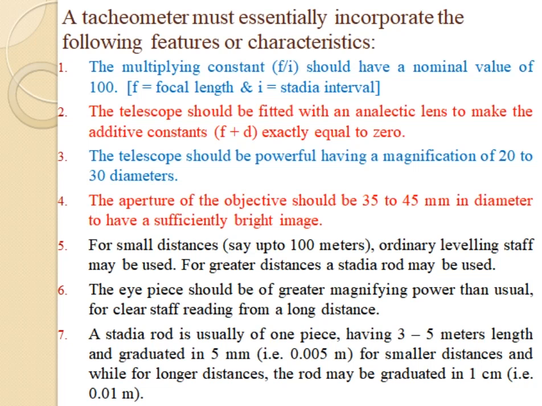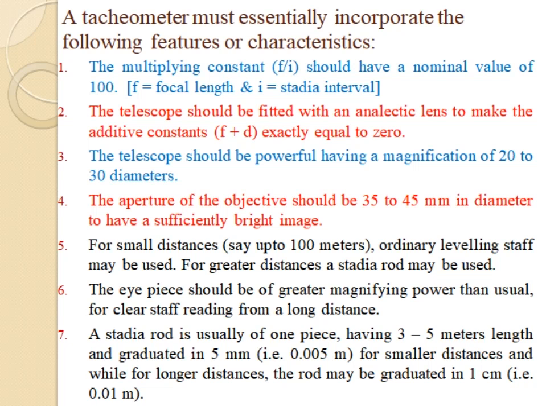You remember that. The telescope should be powerful, having a magnification of 20 to 30. It means you can see up to 20 to 30 meters also. The aperture of the objective should be 30 to 45 mm diameter to have a sufficiently bright image. For a small distance, generally up to 100 meters, an ordinary leveling staff may be used.